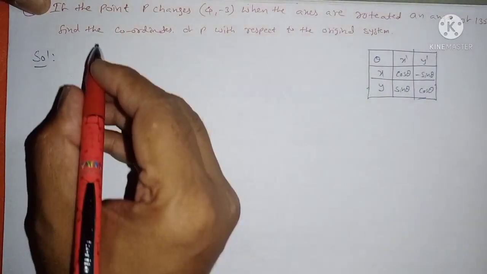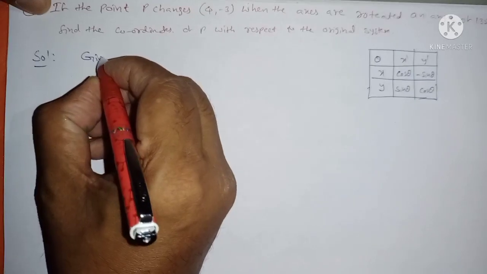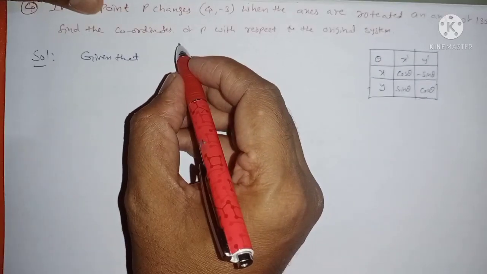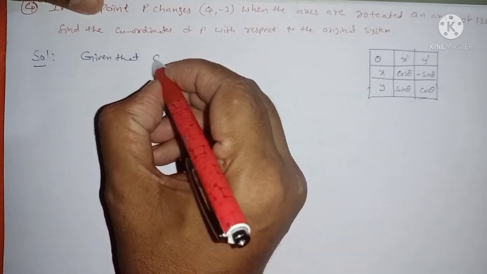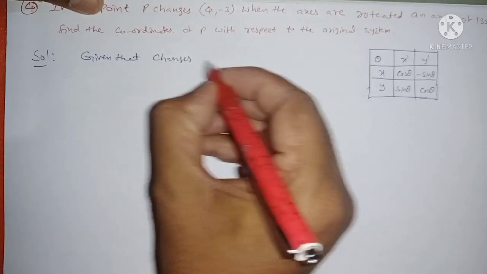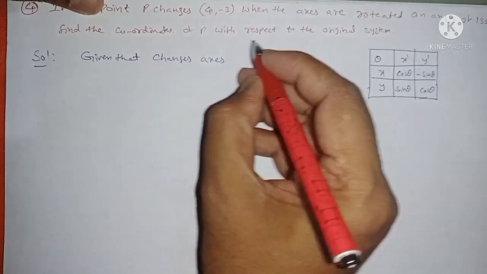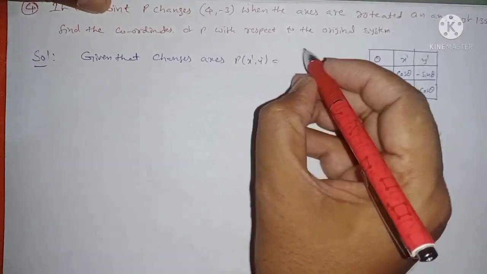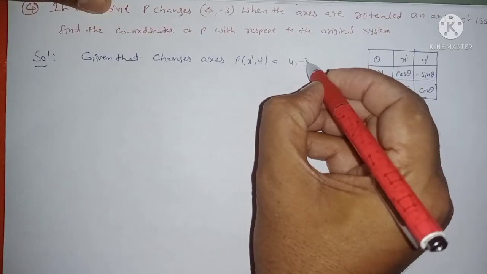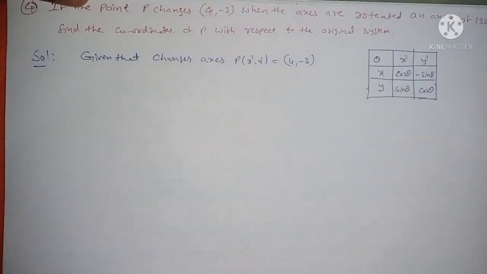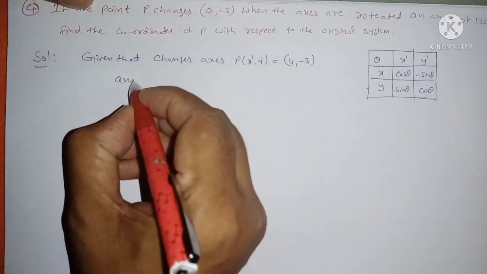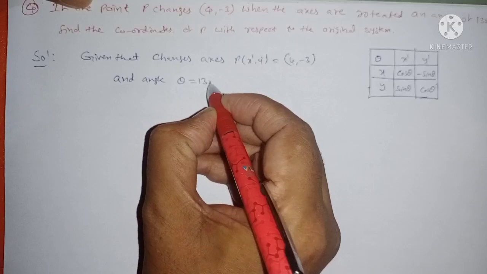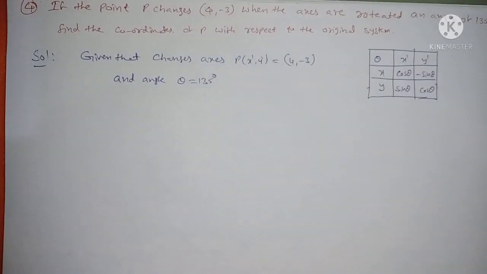Therefore, given that changed axis P of x dash comma y dash is equal to 4 comma minus 3 and angle theta is equal to 135 degrees.